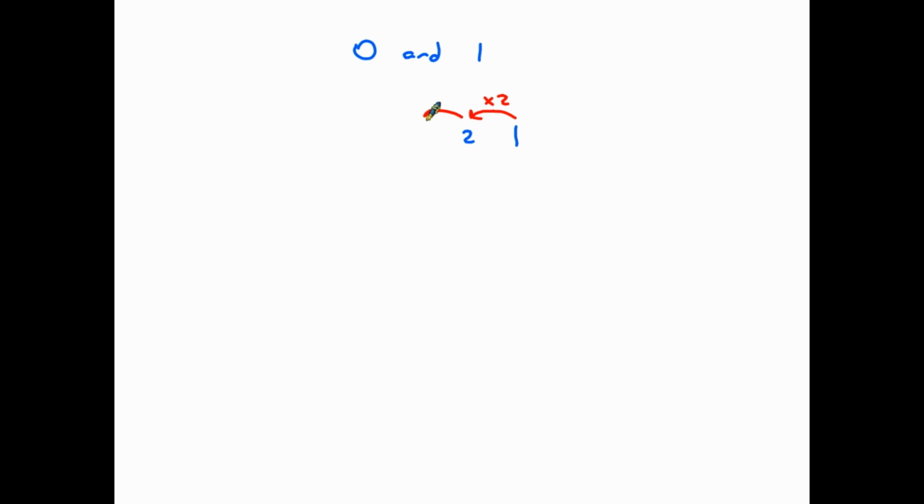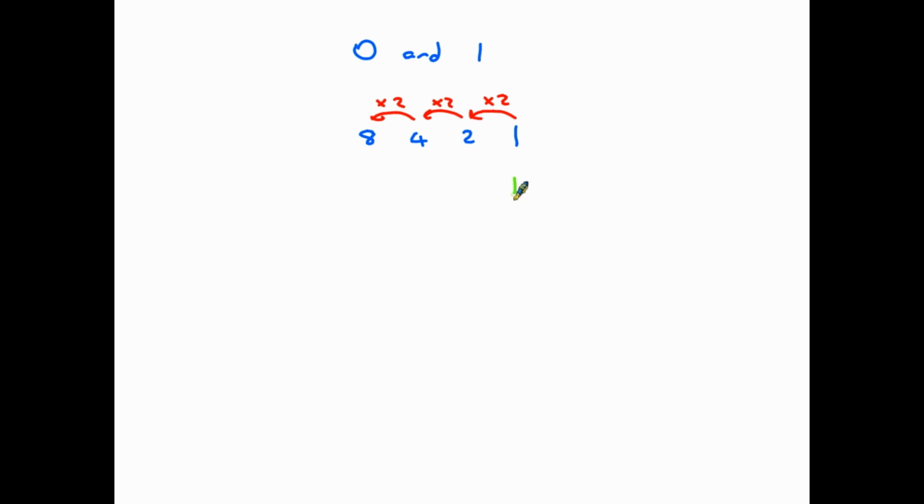The next column is times 2, and the next column is times 2, and so on. So 2 times 2 means the third column is the 4's, the fourth column is the 8's. So instead of having units, tens, hundreds, thousands, we have 1's, 2's, 4's, 8's, and it would be 16's and 32's.